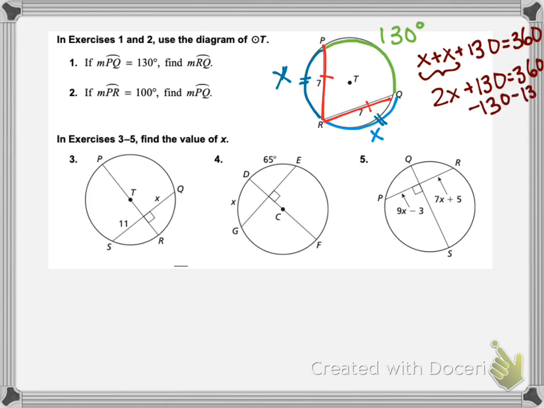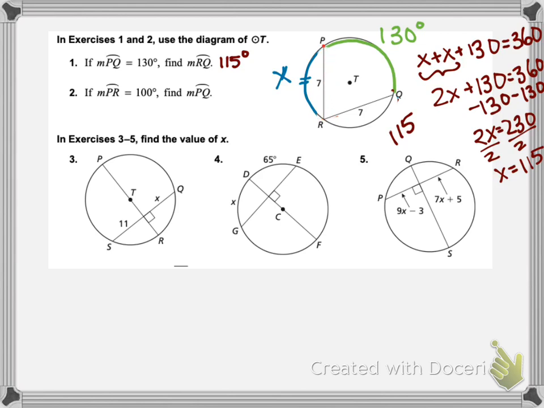Subtract 130. Divide by 2. So we would get 115. So RQ would be 115, which means RP would be 115. And if you added them all together, you would get 360 degrees.